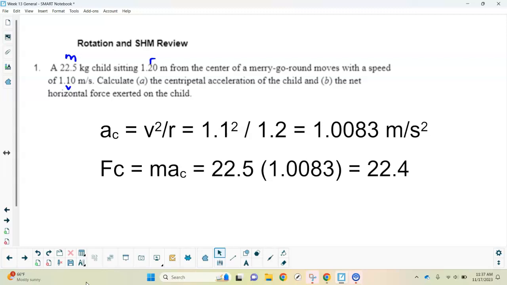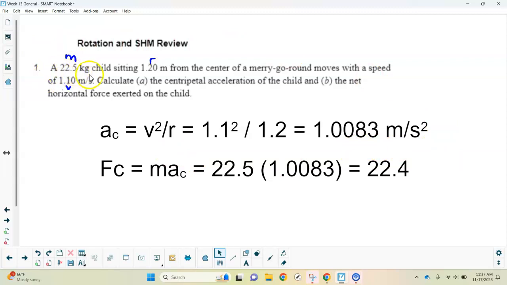It also deals with rotational equilibrium, so things balancing, and then simple harmonic motion. In this first one, I already have stuff worked out, so I'm just going to talk through it. Otherwise, the video would be super long.